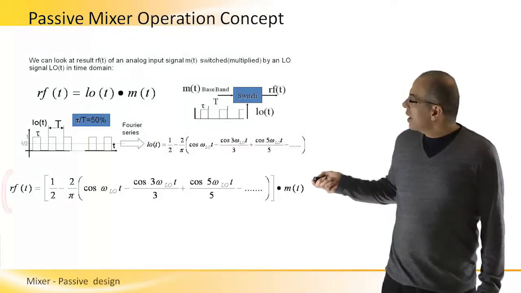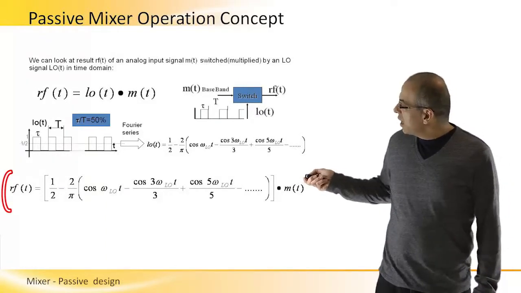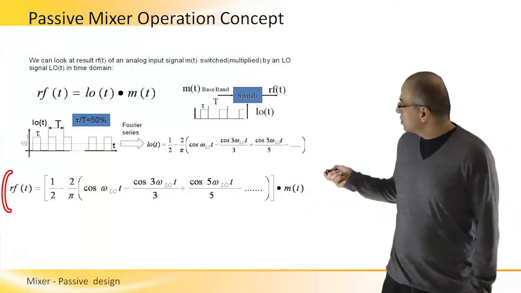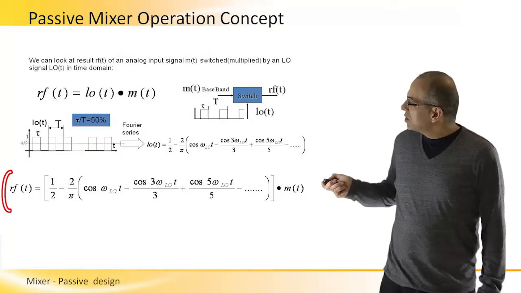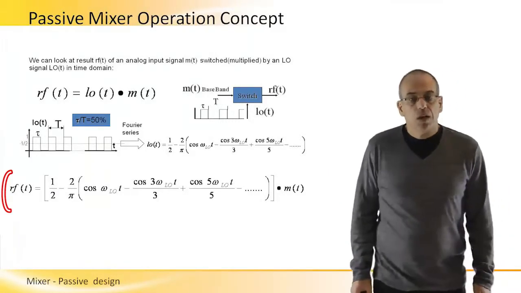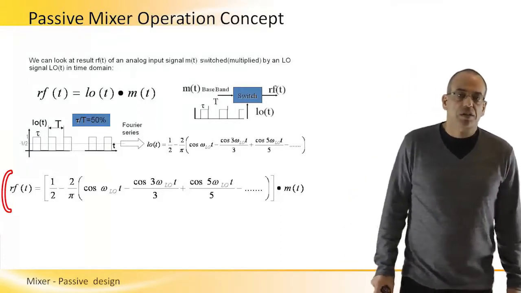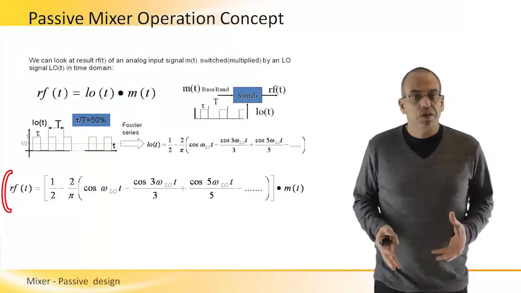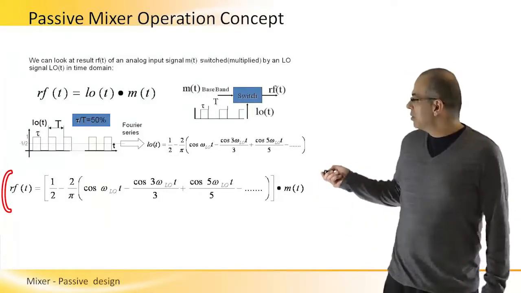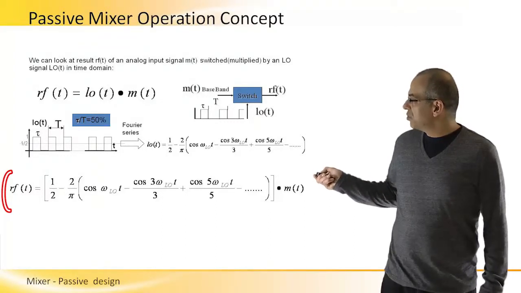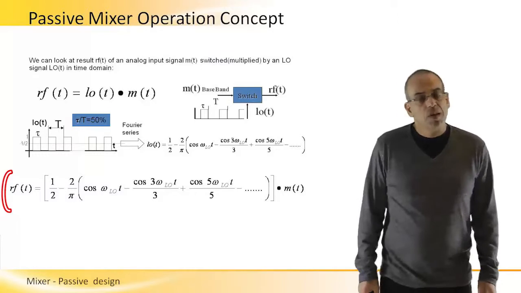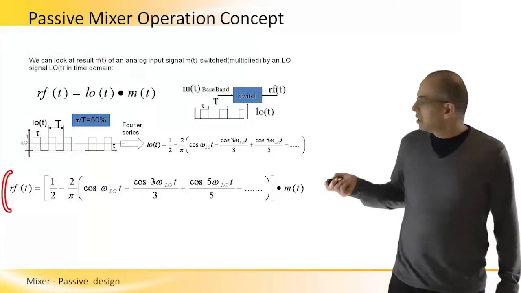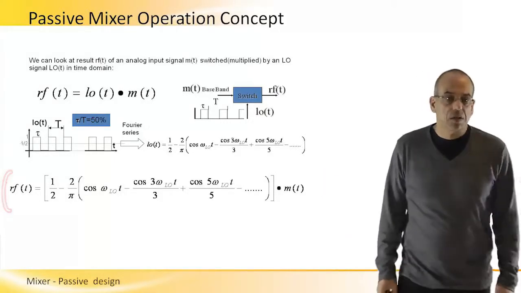And then we can go back to find RF in time domain, and it will be this expression, where we see the input signal M multiplied by the different odd harmonics of the local oscillator. Usually when we look at mixers, we will focus on the multiplication of the input signal with the fundamental frequency, but there are applications of subharmonic mixing where we will take one of the next harmonics.